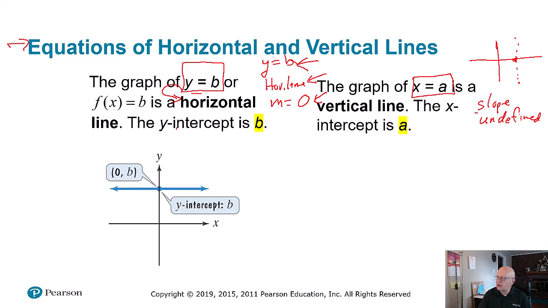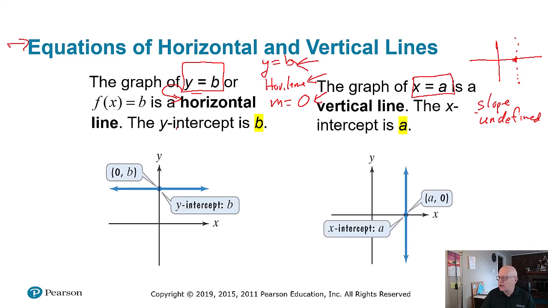We mentioned that a little earlier: if you were trying to find the slope of something like x equals 7, the x values are the same. So in finding the slope, you would be dividing by 0, and you can't do that. That's why the slope is undefined for x equals a type of equation.